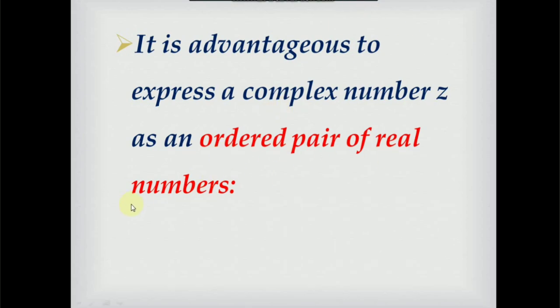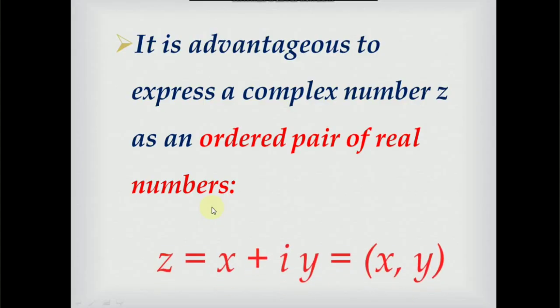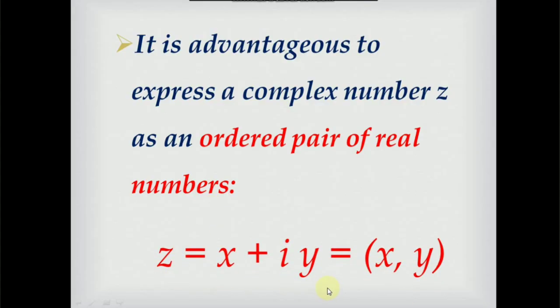That is, we can express any complex number as an ordered pair of real numbers. Suppose z = x + iy, then this number can be expressed as the ordered pair (x, y). So, z = x + iy is equal to the ordered pair (x, y).